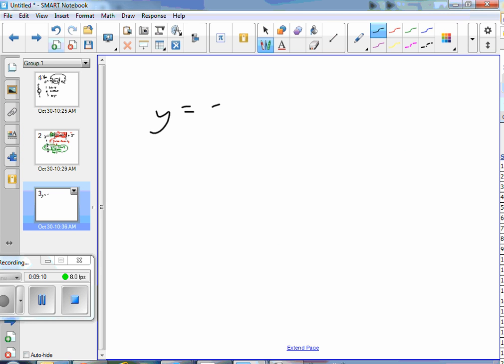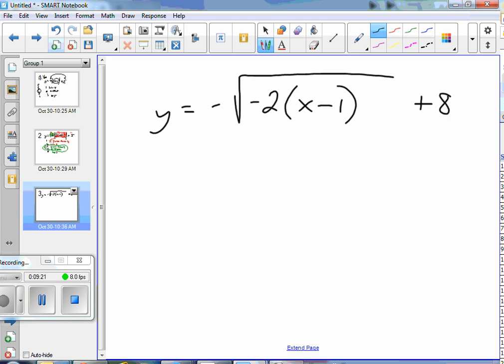Y equals negative square root of negative 2 parentheses x minus 1 plus 8. There's once again 1, 2, 3, 4, 5 things that have been done to this function. So give me a 1, 2, 3, 4, 5. Start on the inside.